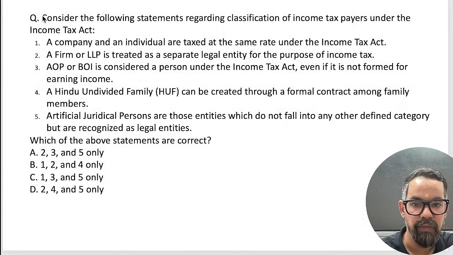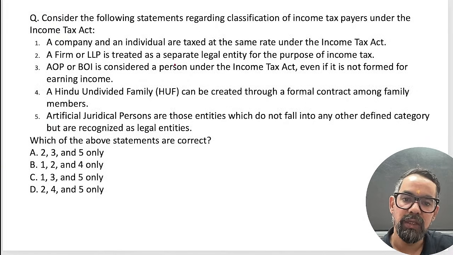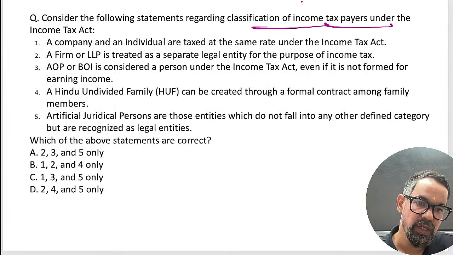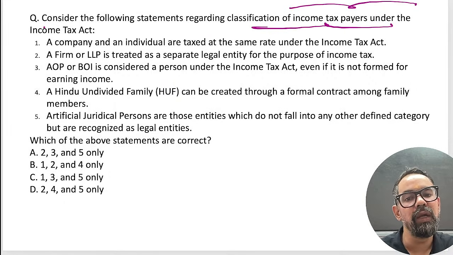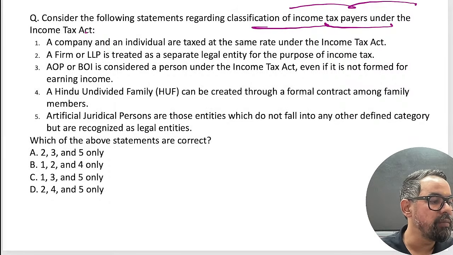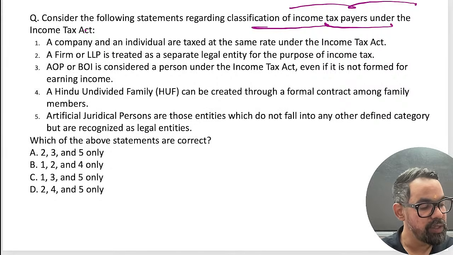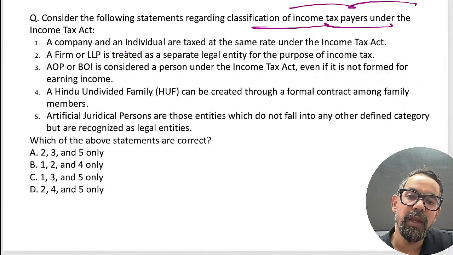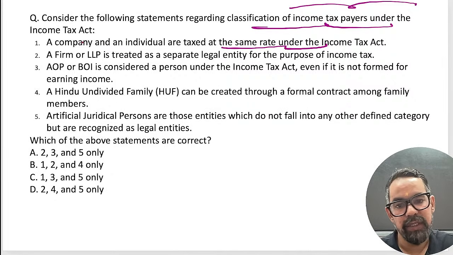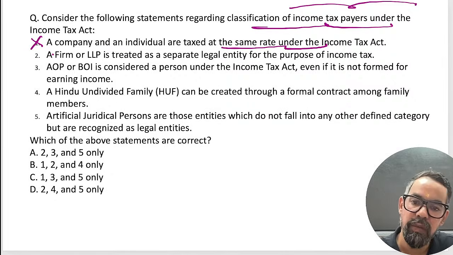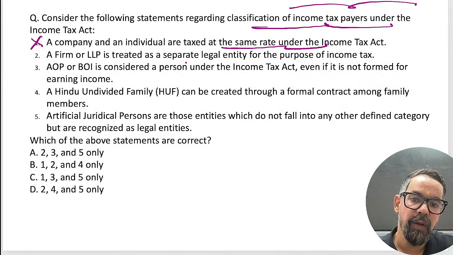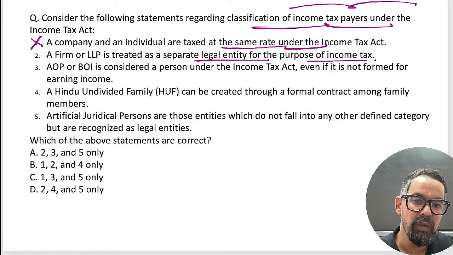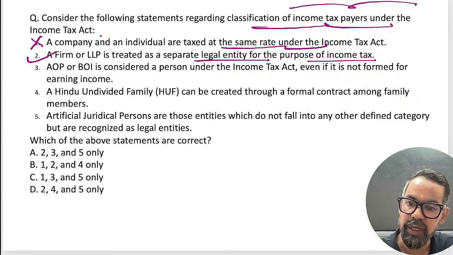Very good guys, next one. Consider the following statements regarding classification of taxpayers under the Income Tax Act. We have just gone through this list. A company and an individual are taxed under the same rate, no. For a company we have a different rate, for an individual a different one. Firm and LLP are a separate legal entity for income tax purposes, yes.